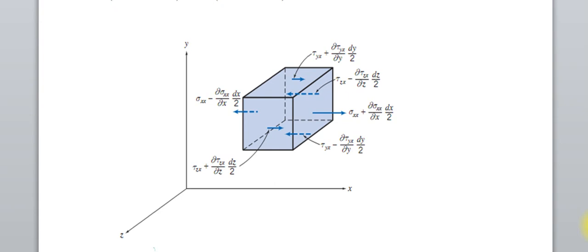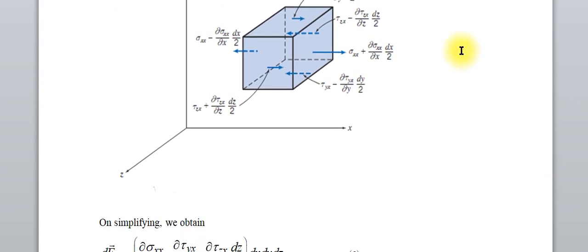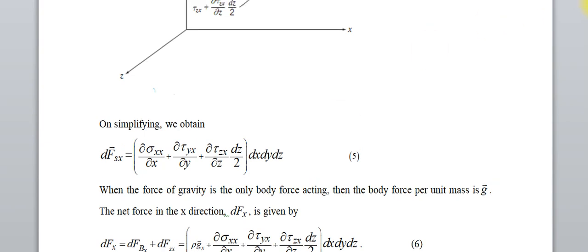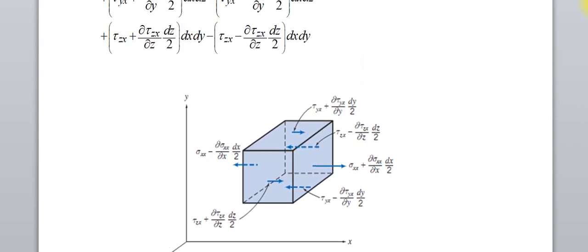The net will be when we add these two, or sometimes we say that out minus in. Okay, so you can see what will be the net force in the x direction, because we have considered all the forces in x direction.